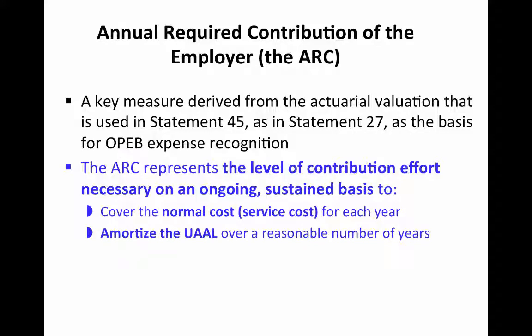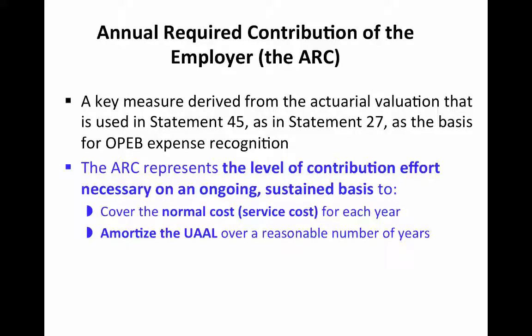But essentially the ARC has two pieces, based upon this notion that this would fully fund the benefit payments over time. A portion of the ARC is the normal cost or the service cost, which is the cost of the benefits newly earned in that year. And then the other portion of the ARC is an amortization of the unfunded liability.